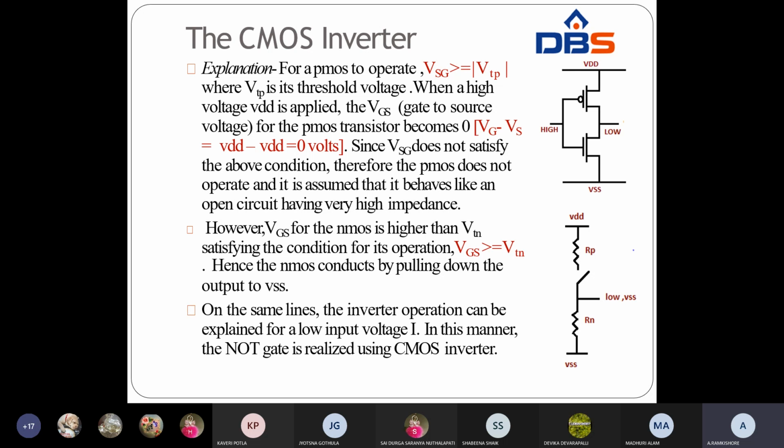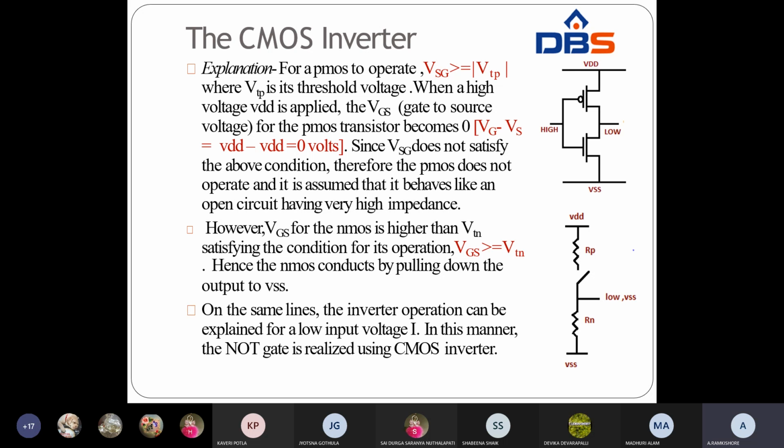Whenever the NMOS transistor is in the on condition, the output is pulled down to the ground. That's why you can call the upper PMOS transistor a pull-up transistor, and the NMOS transistor a pull-down transistor.